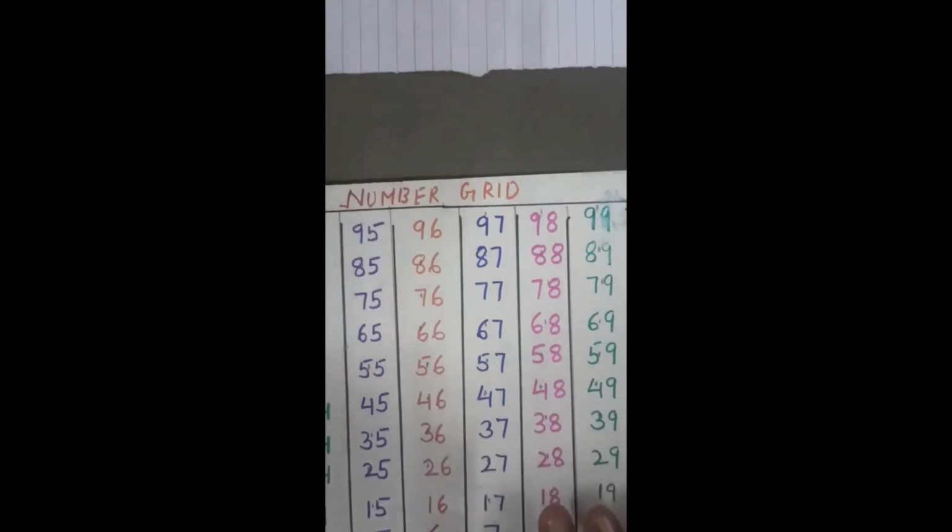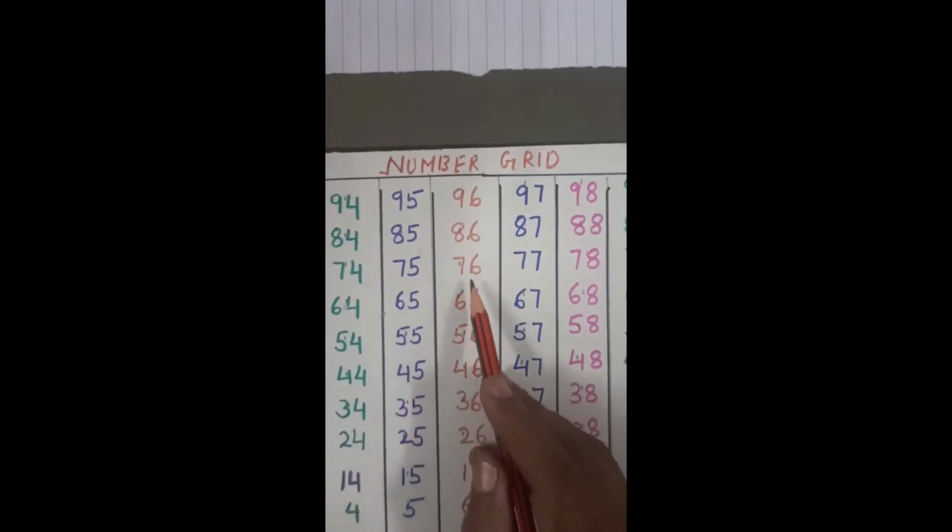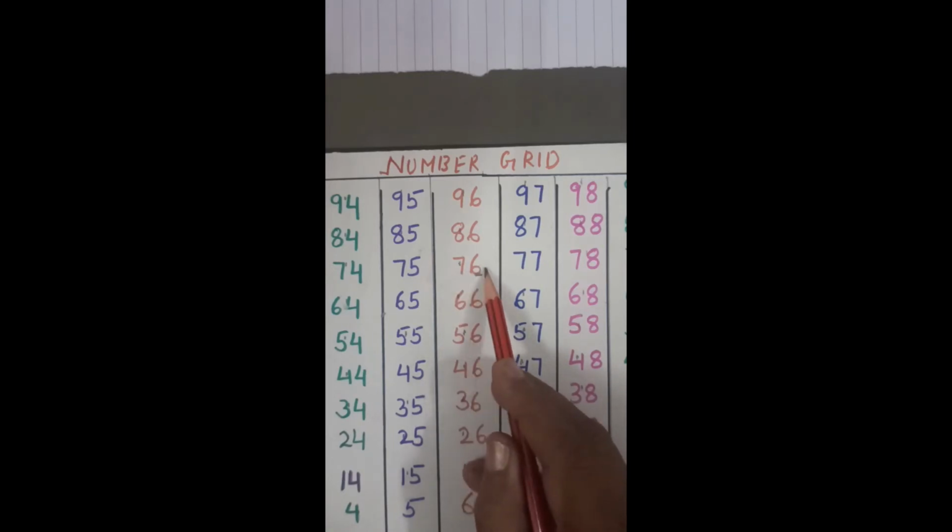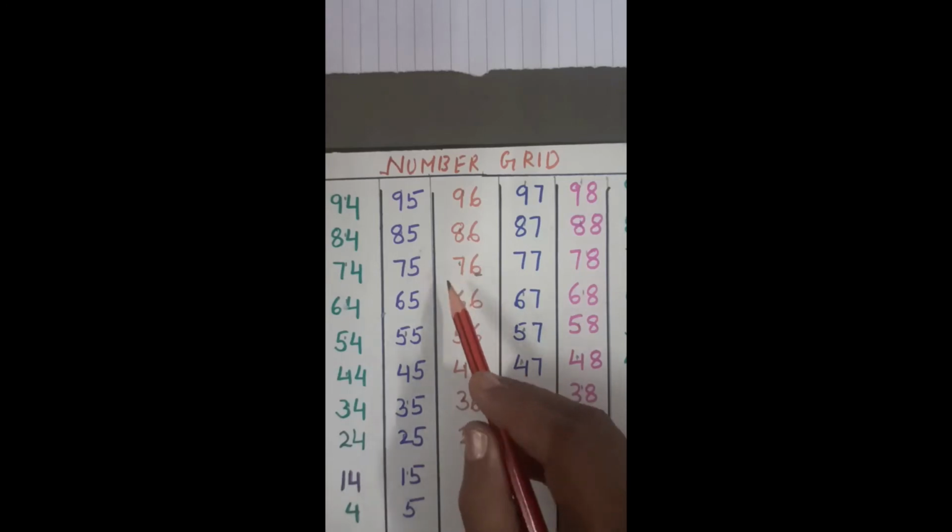So here we come back to the number grid. Here is the number grid for you. Suppose I have to subtract 10 from 76. Okay, so when I subtract 10 from 76, as I just made you clear, whenever we subtract 10 from a number, the digit at the tens place decreases by 1. So as you can see, when you decrease 7 by 1 or make it smaller by 1, it will become 6. And you can see when you go down, then you have 6.